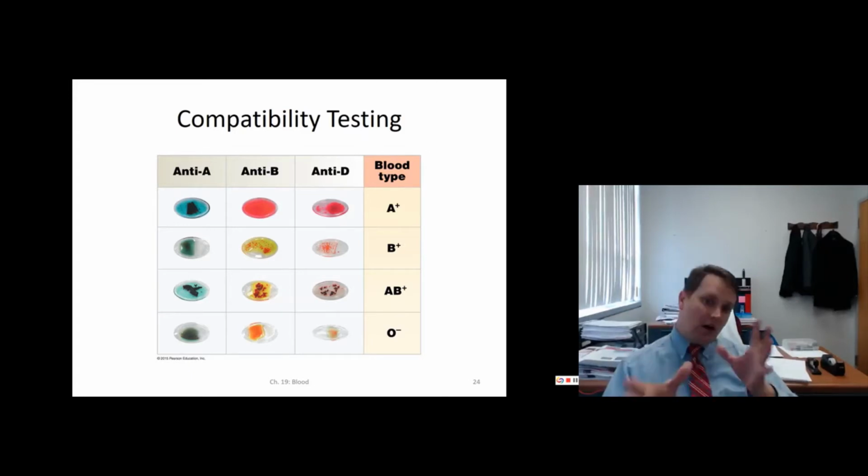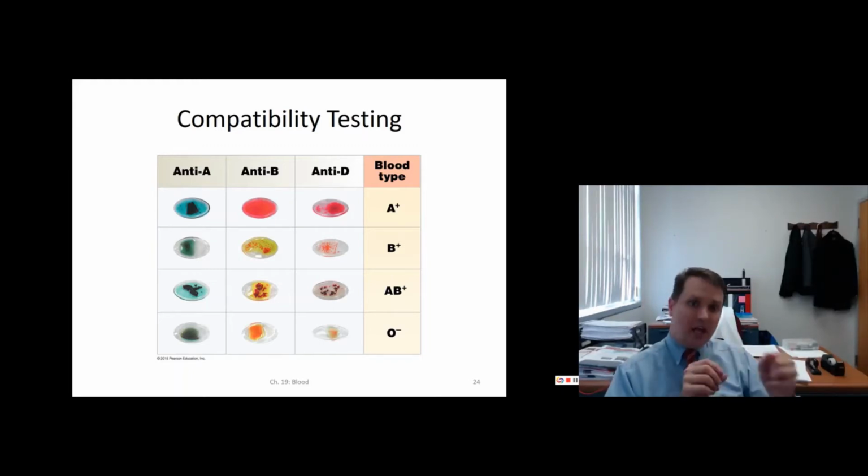So if somebody is A positive and A positive blood went into a well with anti-A antibodies, it clumps. But when it goes into a well with anti-B, it doesn't. And A positive blood clumps in anti-D because D is the most common Rh, so it means it has the Rh antigen.